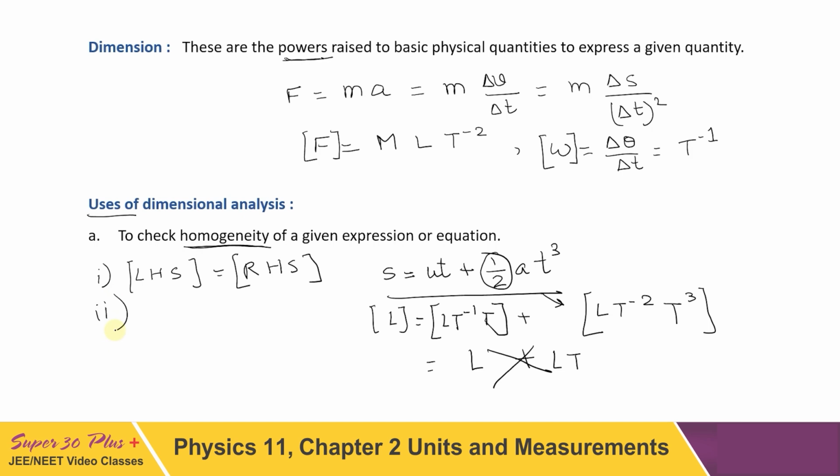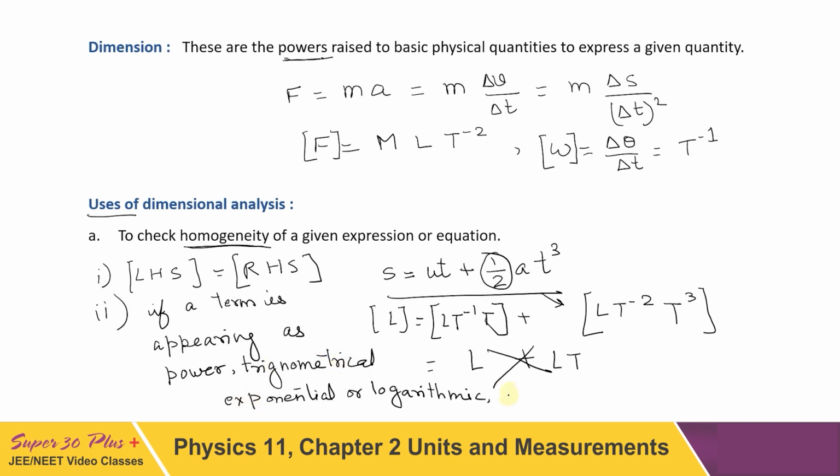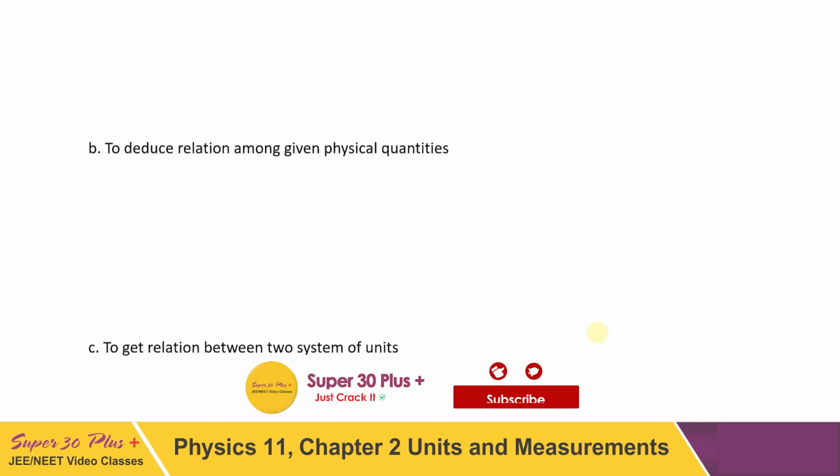Similar is for logarithmic term and exponential term. So we can say if a term is appearing as a power, trigonometrical term, or logarithmic term, it has to be dimensionless. One more thing we have to remember, if two terms are to be added or subtracted, they must have the same dimension. So these are the 3 points we have to keep in mind while checking homogeneity of a given expression or equation.